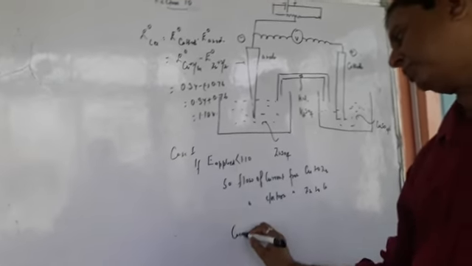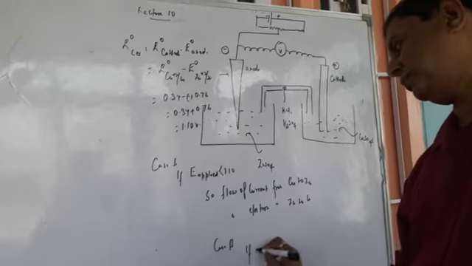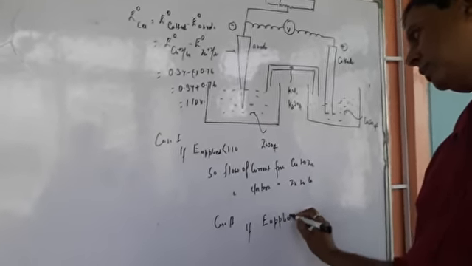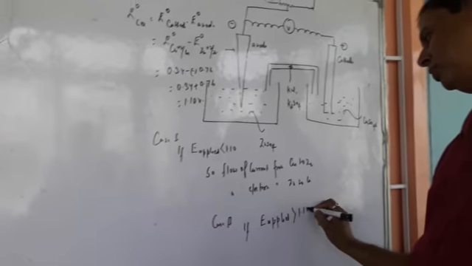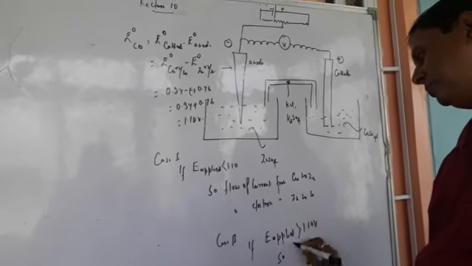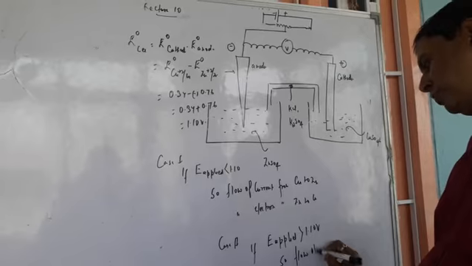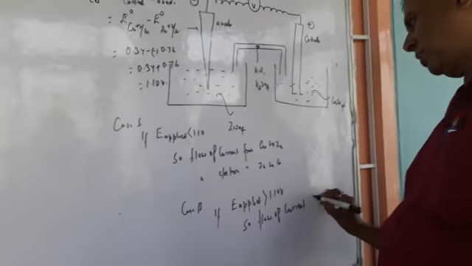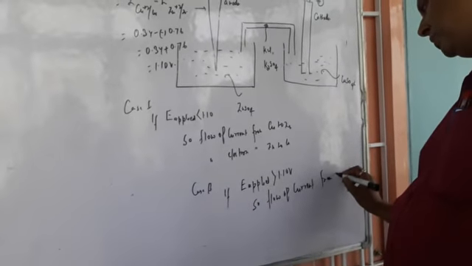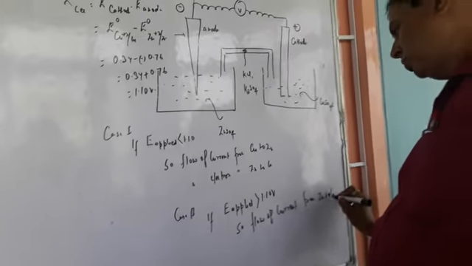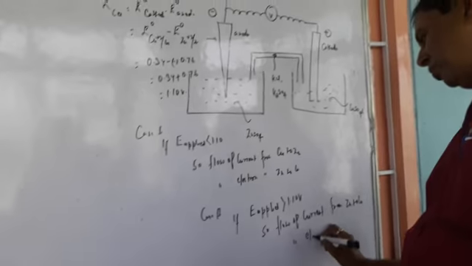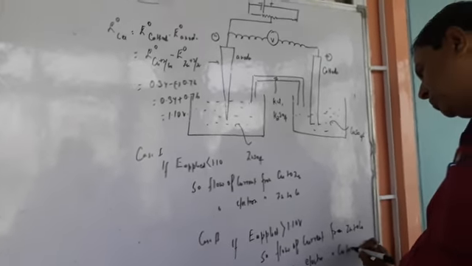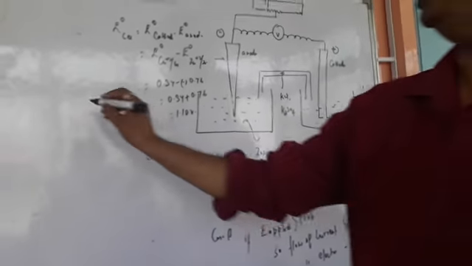Case 2: if E applied is greater than 1.10 volt, the flow of current is from Zn to Cu and the flow of electrons is from Cu to Zn.